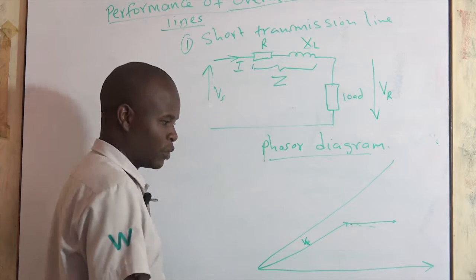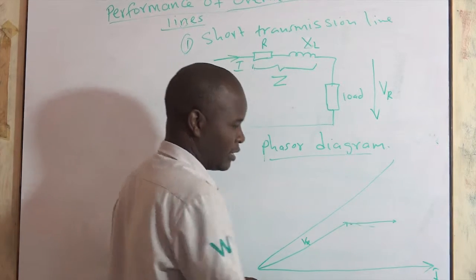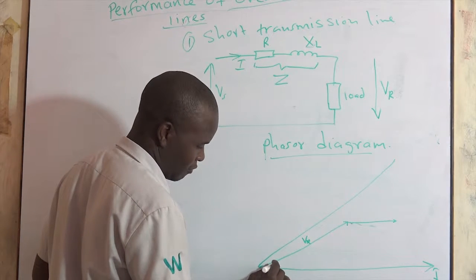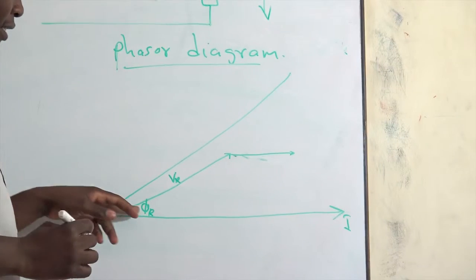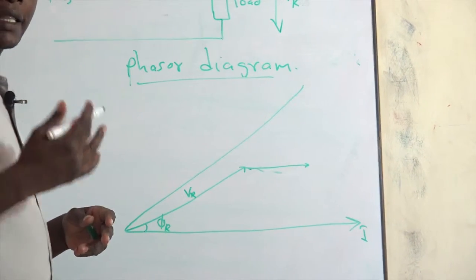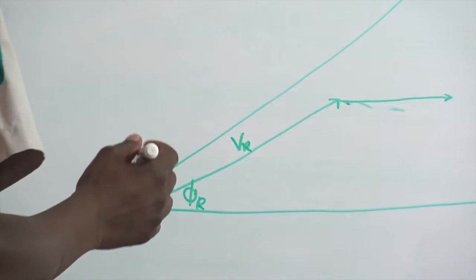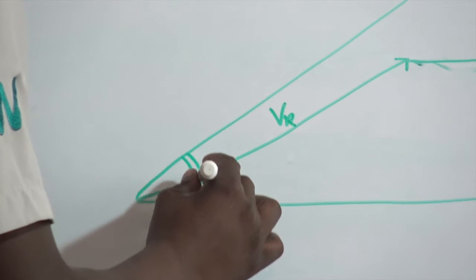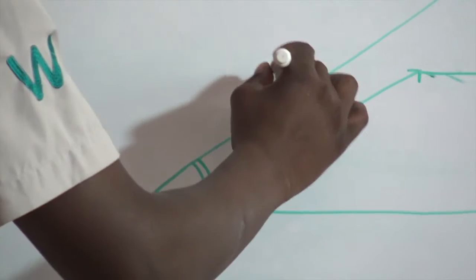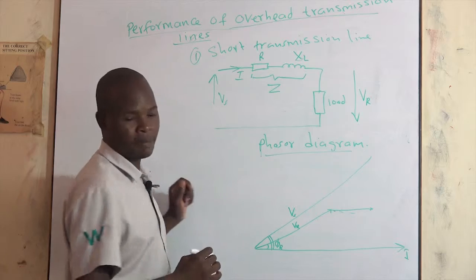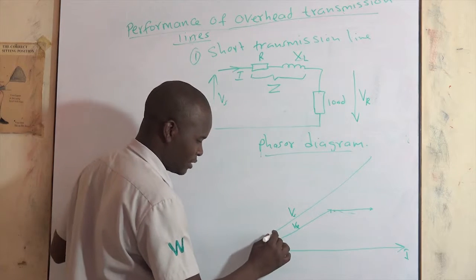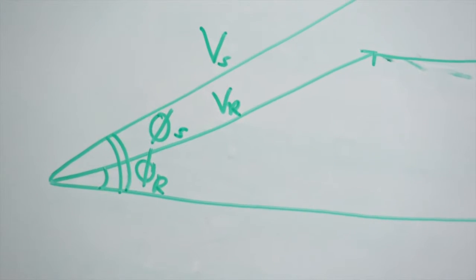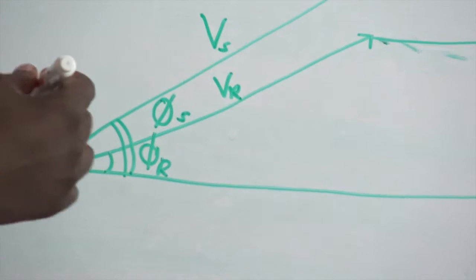So the angle between the current I and the VR, we call it phi R. This is the angle which gives the power factor of the receiving end. The complete angle, from I to Vs, we call phi S, the angle which will give us the sending end power factor.